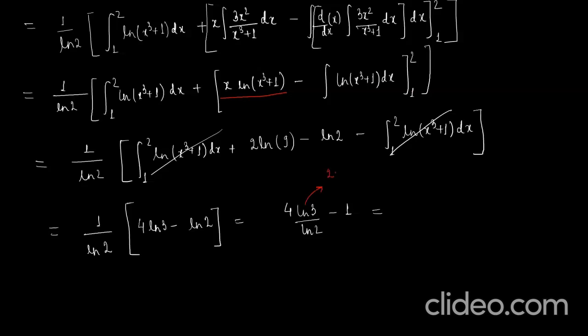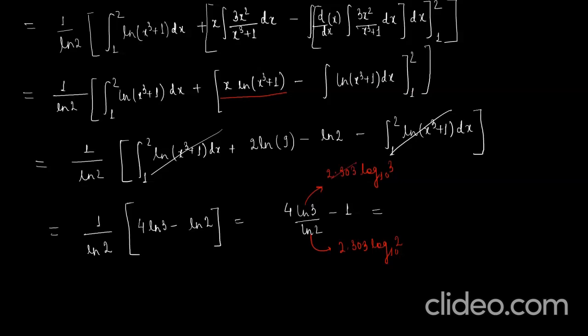This will become 2.303 log 3 to the base 10, upon 2.303 log 2 to the base 10. This comes from the base change formula. You can see it if you have any resource of mathematics.